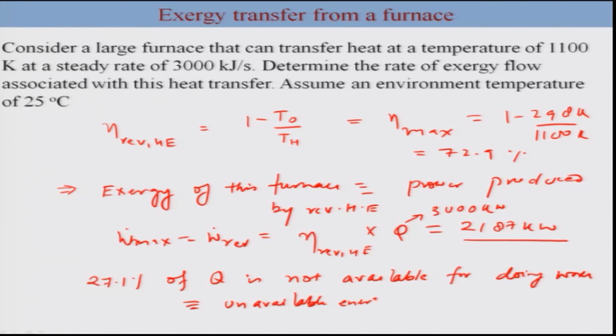energy, which is nothing but the total energy of the system, let us say in this case the furnace, or whatever energy is being supplied here, minus the exergy of that energy. Which essentially means that the amount of energy available is not 100%.